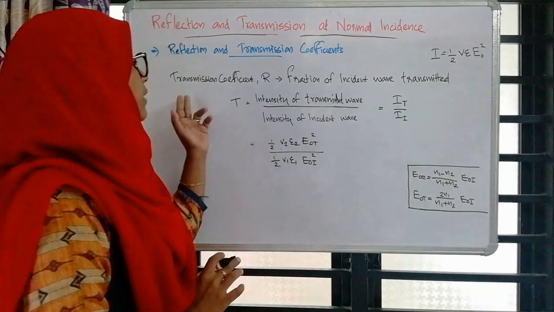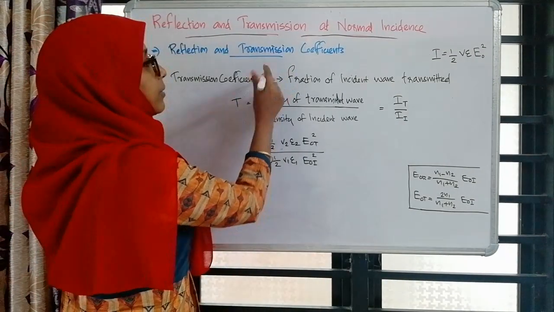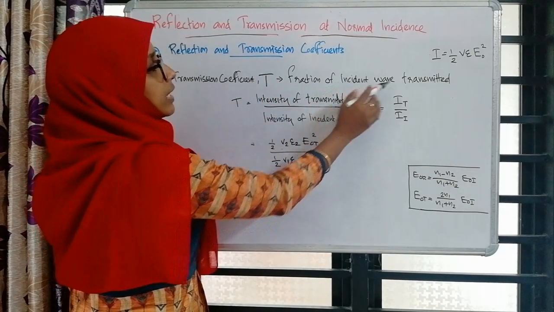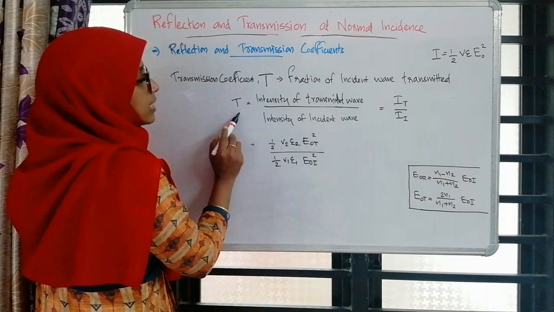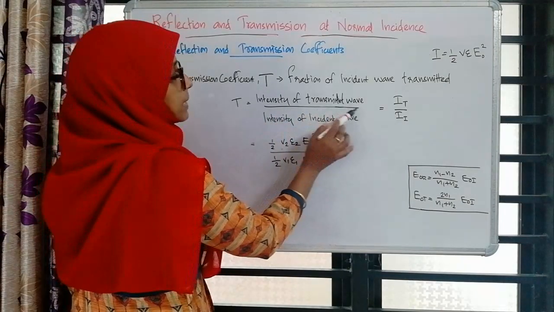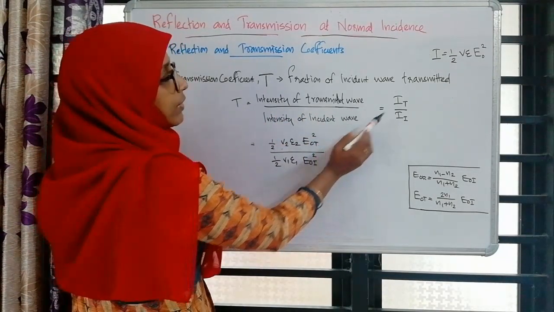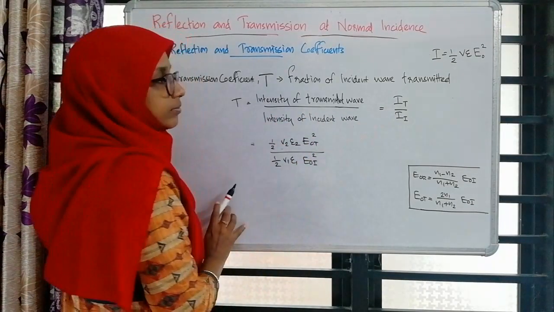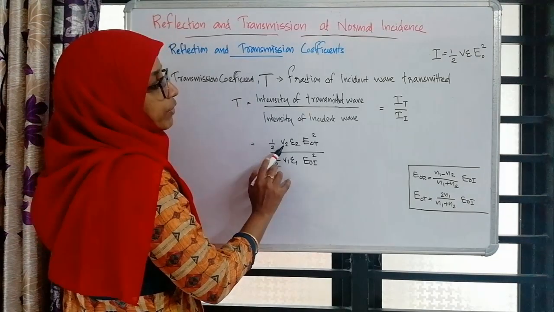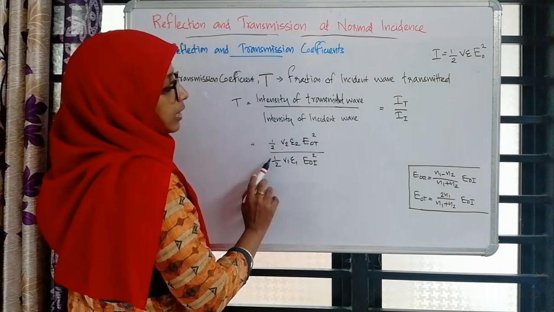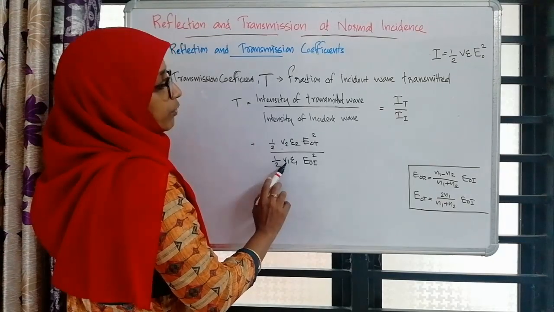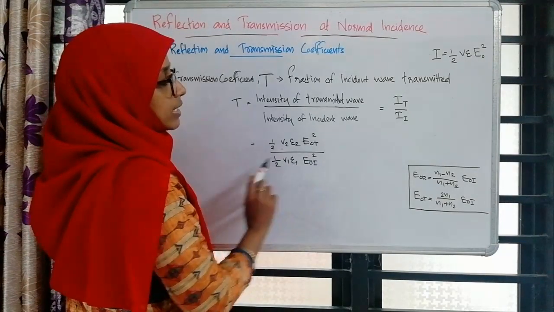In a similar way we can derive the transmission coefficient T, which is the fraction of incident wave transmitted. T is equal to the intensity of the transmitted wave to the intensity of the incident wave, which is IT by II. That's equal to 1/2 V2 epsilon 2 E0T square to the ratio 1/2 V1 epsilon 1 E0I square.